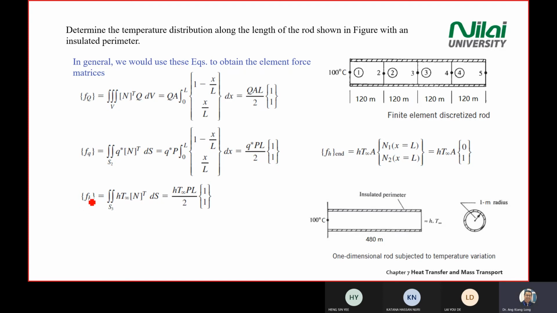If you have a convection process, which normally you will have, you write curly f sub h equal to hT infinity PL divided by 2, 1, 1. And if you have an open-ended leakage of heat energy, then you use f sub h curly, write the n there to differentiate this equation from the other equation.